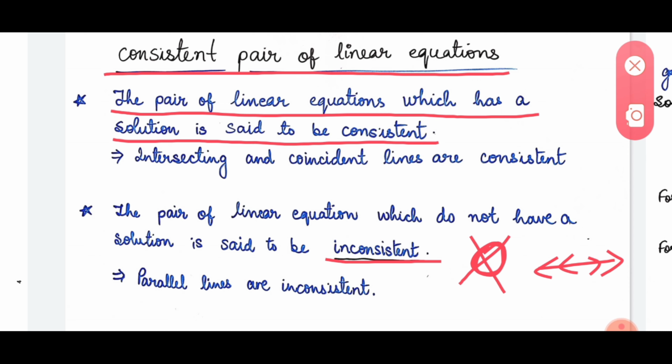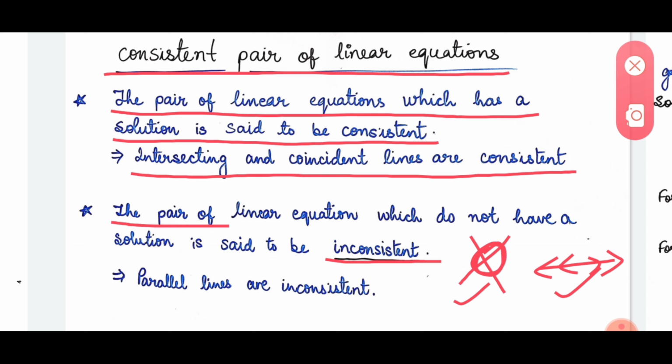That means we can say that the pair of linear equations representing the intersecting lines and the coincident lines are consistent. So I have written it here: intersecting and coincident lines are consistent. Now opposite to this, if the pair of linear equations do not have a solution, then they are known as inconsistent.